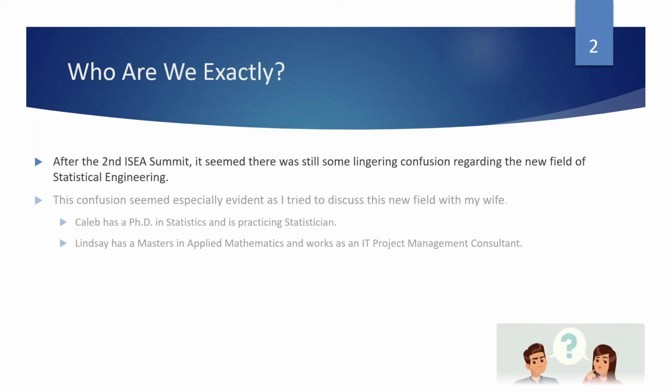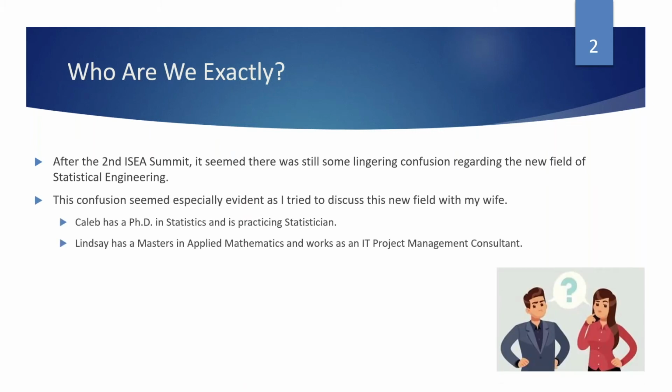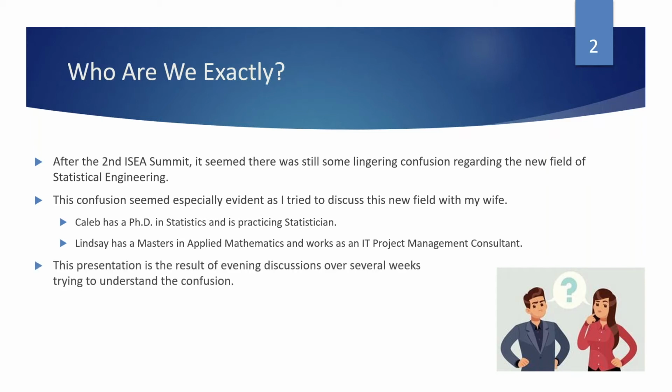So as I typically do, when I came back, I discussed things with my wife, told her how the summit went. And as I tried to explain my thoughts on what statistical engineering was, she too became confused, either because I wasn't good at discussing it or we both were confused about things. So this led to several evening discussions over the course of several weeks of us trying to wrestle with what we thought the sources of confusion might be.